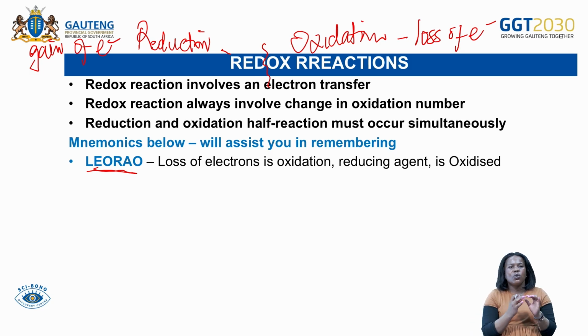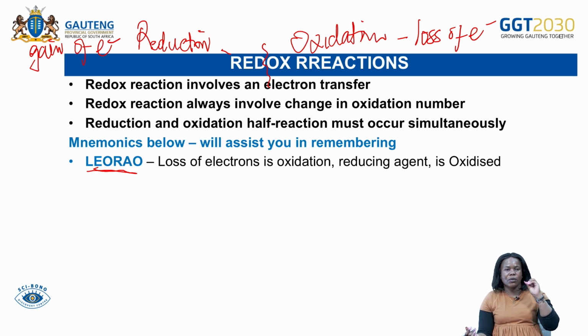As you know this mnemonic, you will be able to define, and also know which agent is which. Now let's go slowly. LEO RAYO stands for the loss of electrons, which is oxidation. L is for loss, of electrons, and that is E, which is oxidation. That's the first part covered.